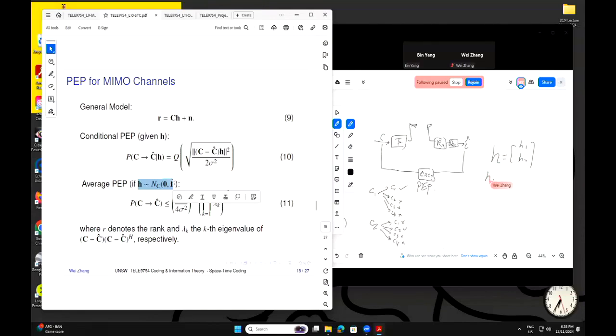H1 is a complex Gaussian, CN(0,1). So that is a Gaussian random vector and complex. That means H1 is a complex random variable. It has its own real and imaginary parts. H2 is the same. But for the magnitude of H1 or H2, they follow the Rayleigh distribution.